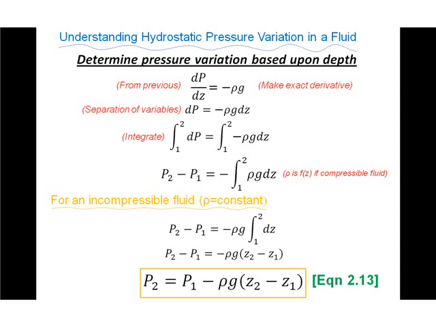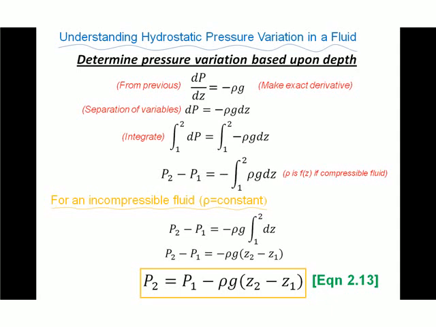Okay, so before we can use this equation, I want to make sure we realize there are some assumptions we make to use this equation. So the first is we called it a hydrostatic pressure variation of fluid. It's hydrostatic. So static means it's not moving. So we can only use this equation if we're looking at fluid that is not in motion. It has to be static. The other assumption we make is that we're looking at incompressible fluid. So we've talked about how fluids can be gases and liquids. A gas is not incompressible.